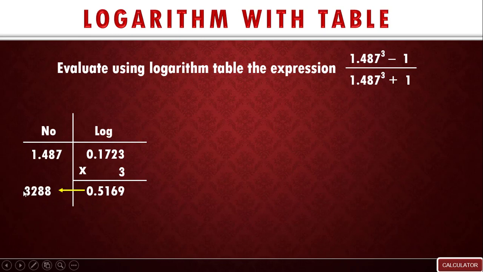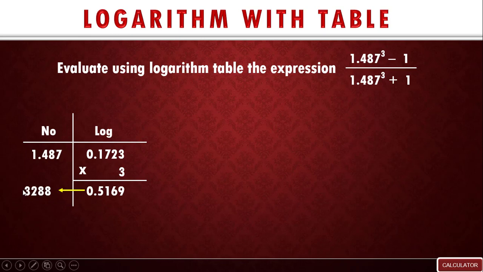So we're going to count from here and count to the right hand side, because the value we got is positive. If it is negative that we got, maybe we got bar something or bar 1, bar 2, that means we're going to count to the left hand side. But for this case, our value is positive, so we're counting to the right hand side.